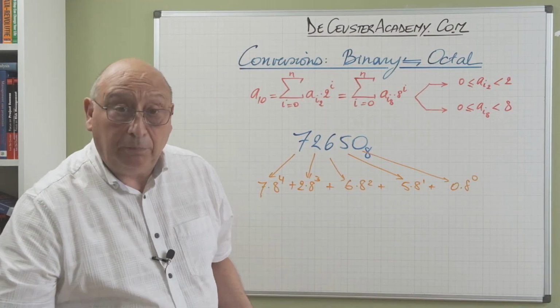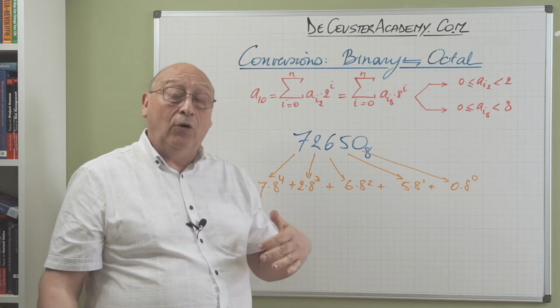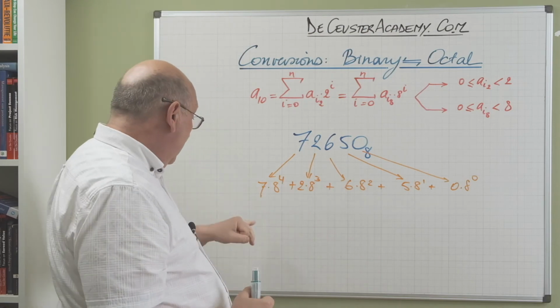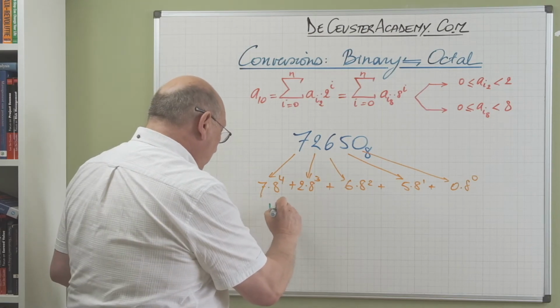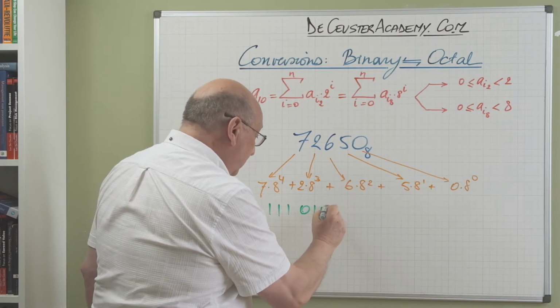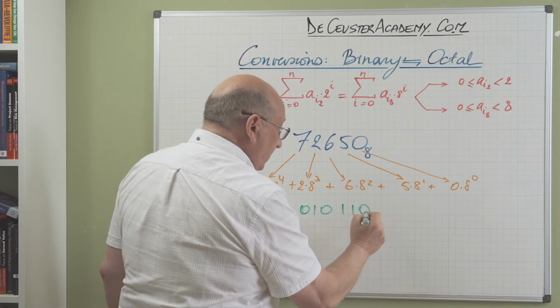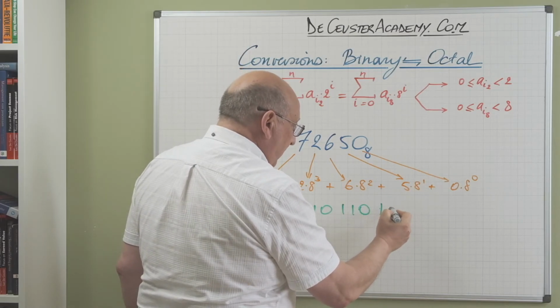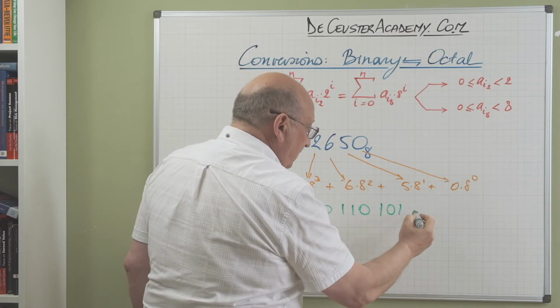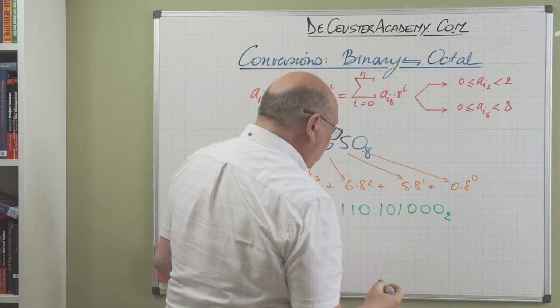And like we did in the previous exercises, we're going to write those coefficients now in binary format. 7 is 1 1 1, 2 is 0 1 0, 6 is 1 1 0, 5 is 1 0 1, and the last one is 0 0 0. And we put 2 there.